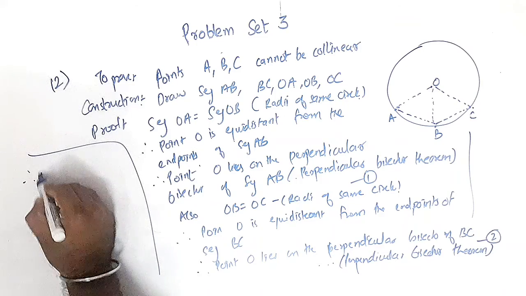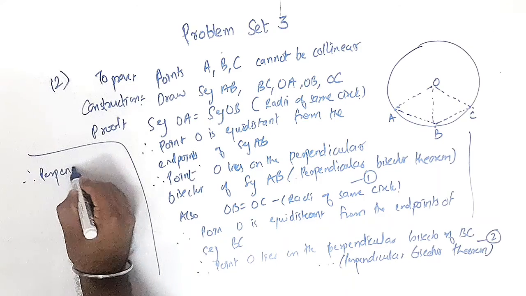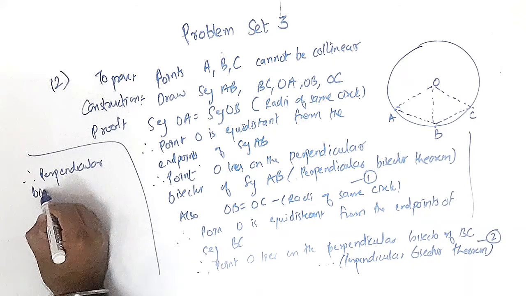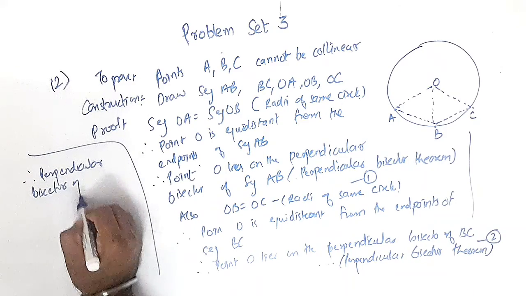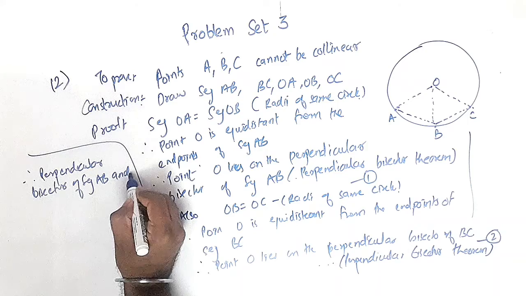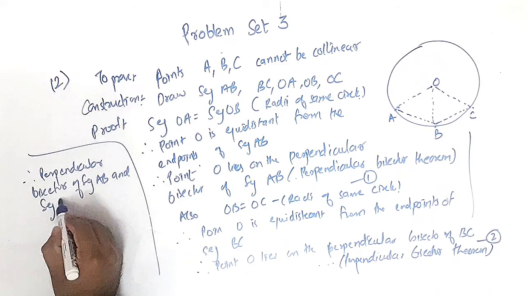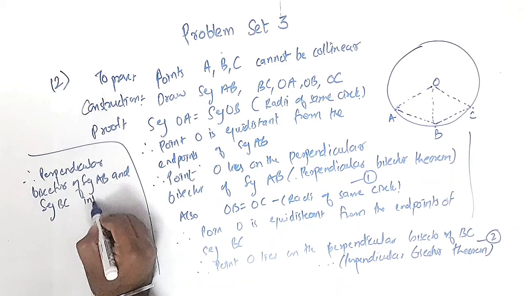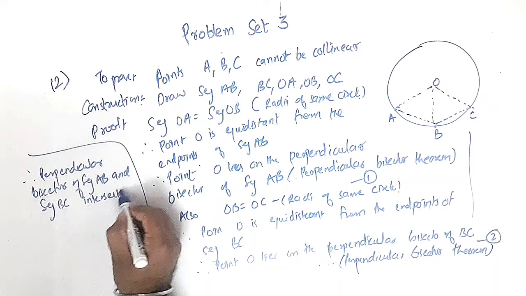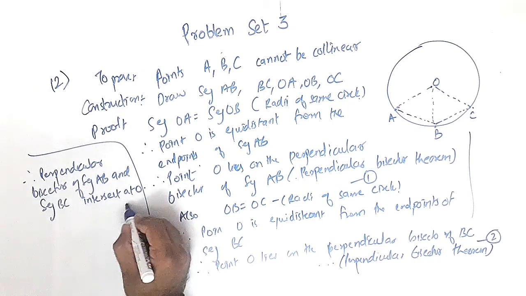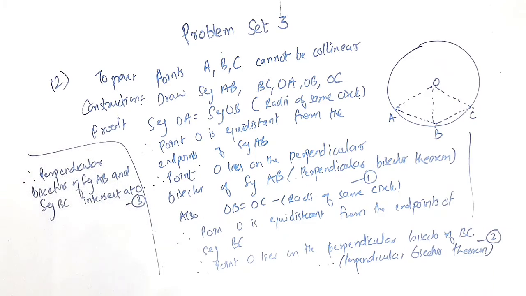Therefore, perpendicular bisectors of segment AB and segment BC intersect at O. Let this be point number 3.